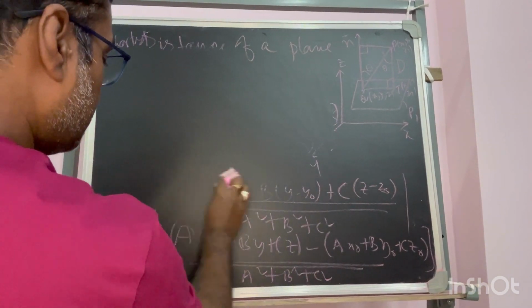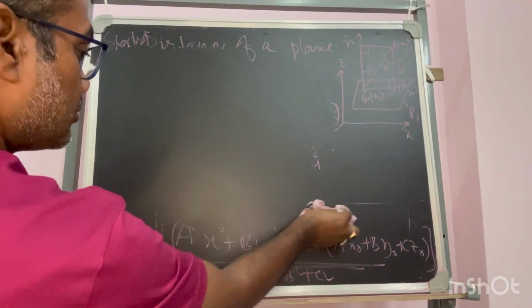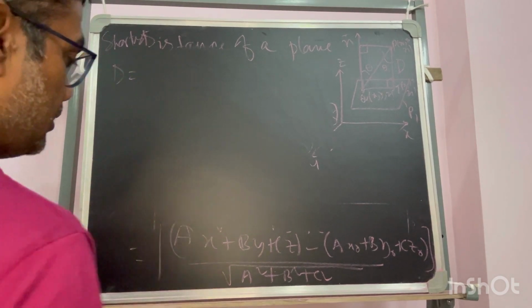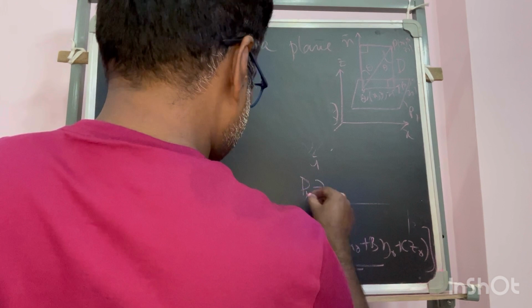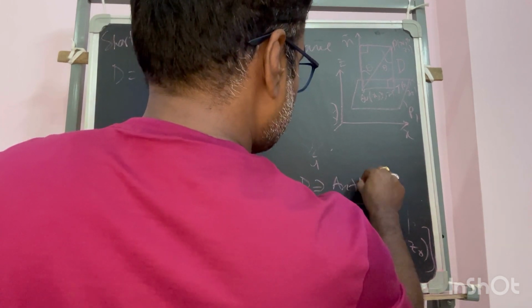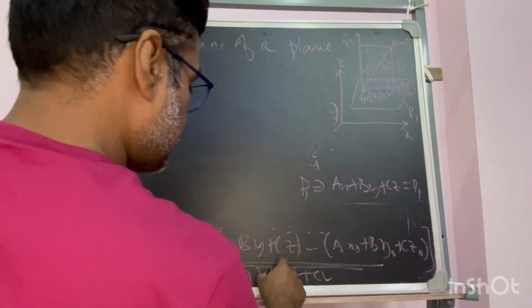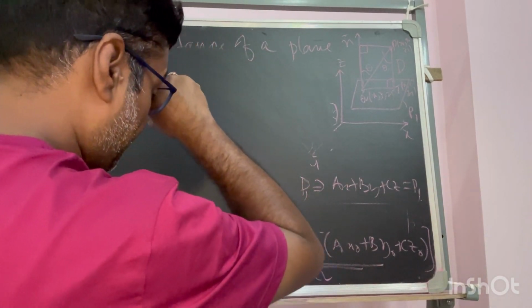Now ultimately, what is your D finally? I have taken the plane equation, P1 equation, as ax plus by plus cz is equal to D1. So this is nothing but D1.